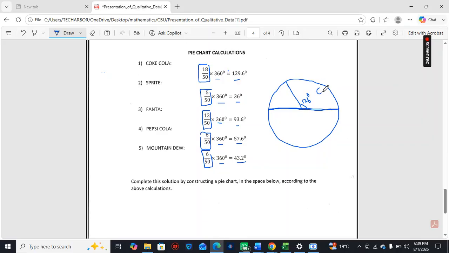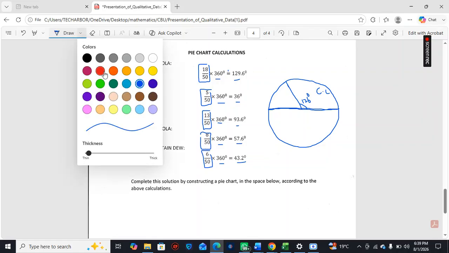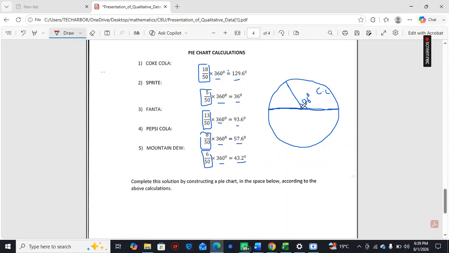This is Coca-Cola, CC. Sprite 36 degrees. 36 degrees is a small amount. Maybe we'll say here 36 degrees. Sprite here. Okay, we pick another small angle.